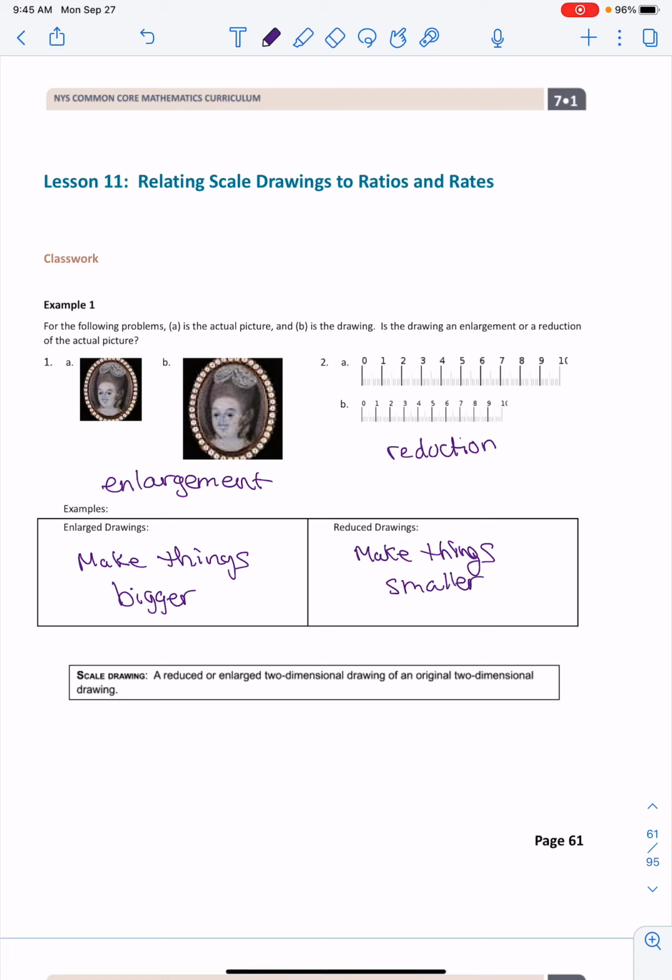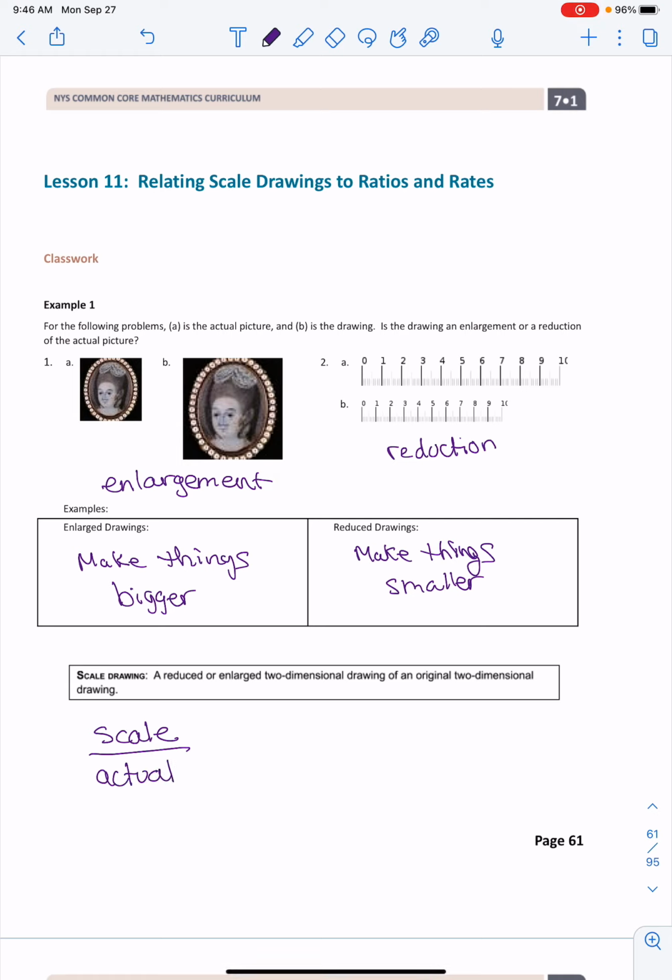Here, scale drawing, a reduced or enlarged two-dimensional drawing of an original two-dimensional drawing. When we do scale drawings, we do the scale over the actual.